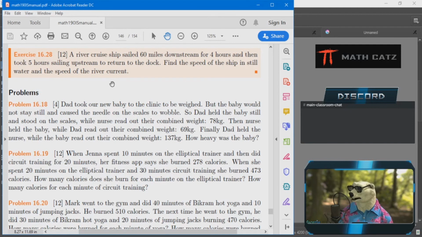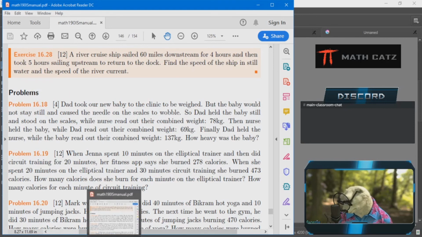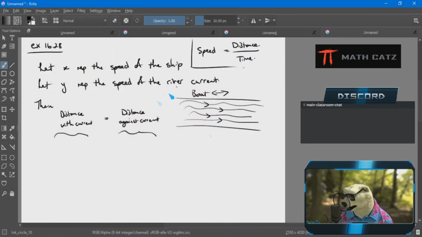So I'm traveling downstream, so with the current. With the current, I'm traveling for 4 hours. So my distance is speed times time. Speed with the current is x plus y.